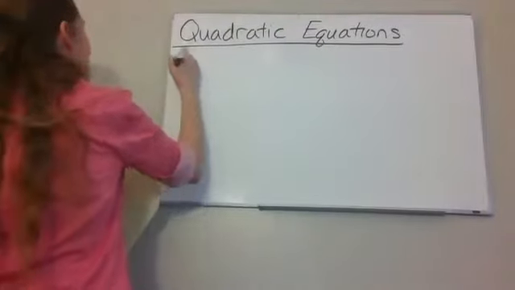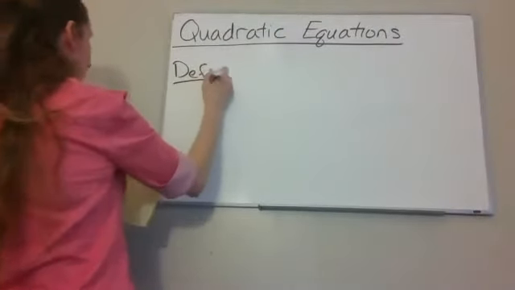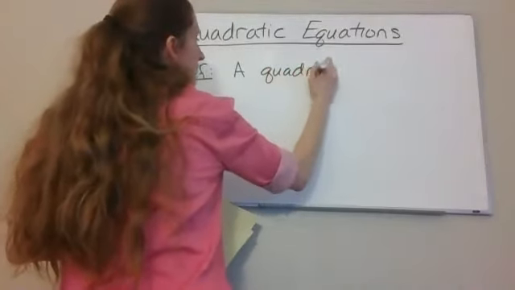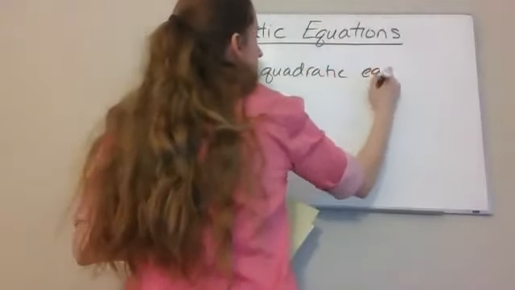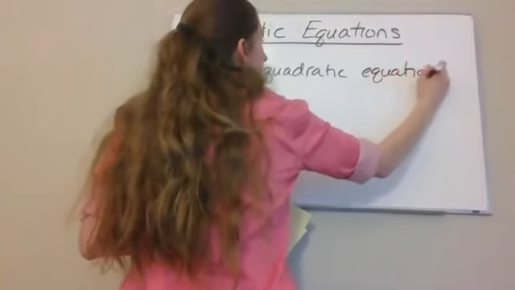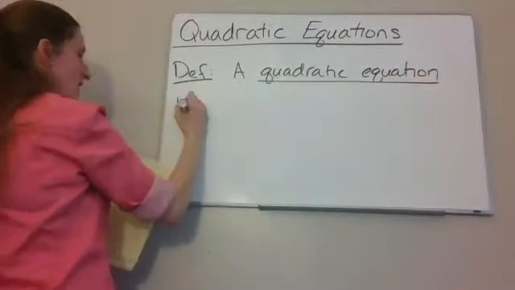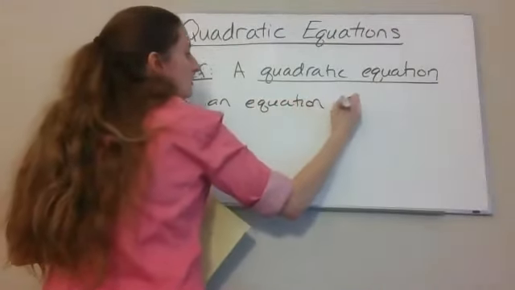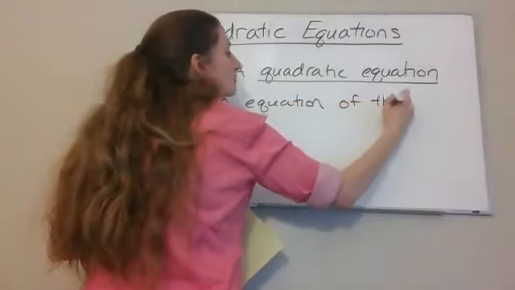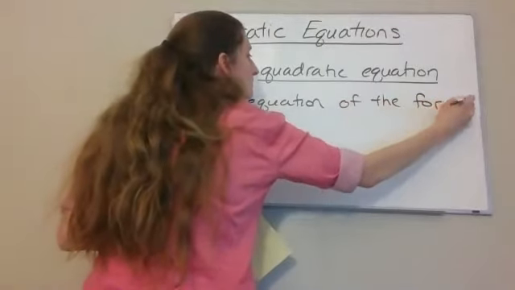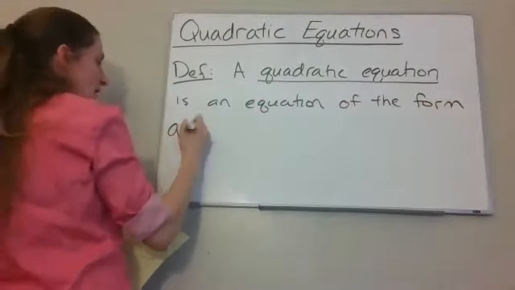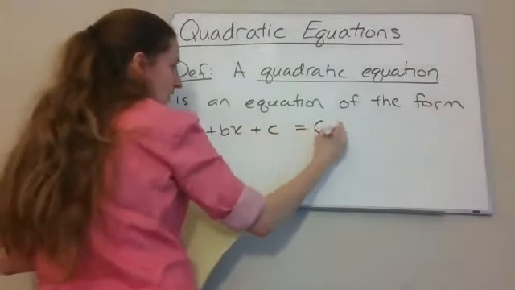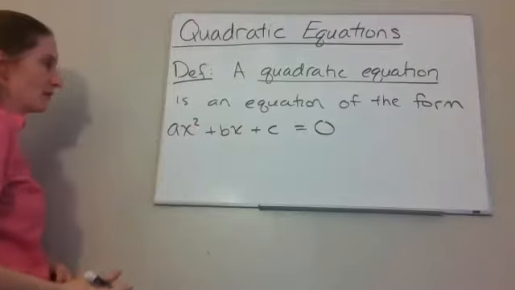Our definition says that a quadratic equation is an equation of the form ax squared plus bx plus c equals 0.